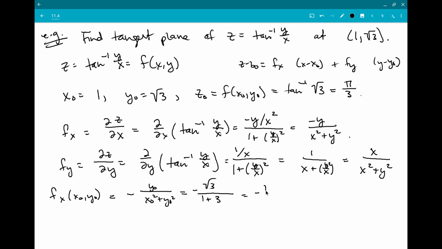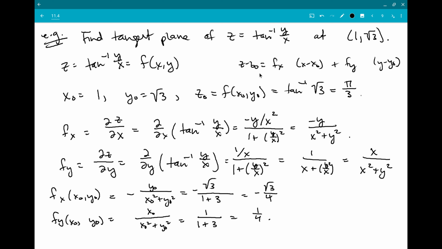So minus root 3 over 4. And my f sub y is going to be x sub 0 over x sub 0 squared plus y sub 0 squared. So that's just 1 over 1 plus 3. So that's 1/4.